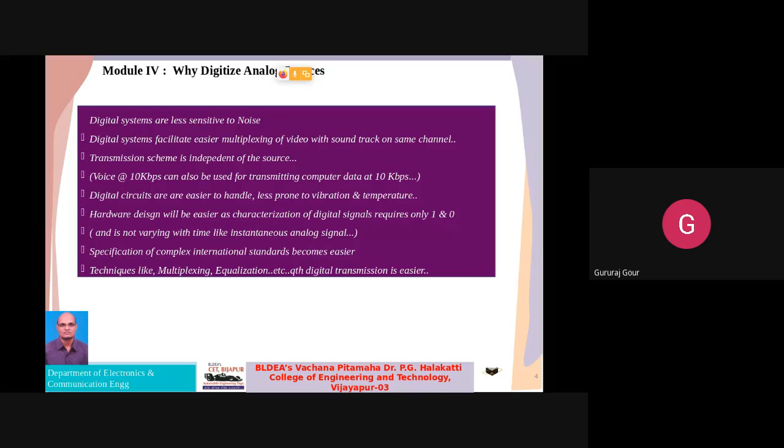That is another reason you can quote for going for digitizing the analog sources. And techniques like multiplexing, equalizing, and many other digital transmission technologies can be easily adopted in digital systems compared to analog systems.